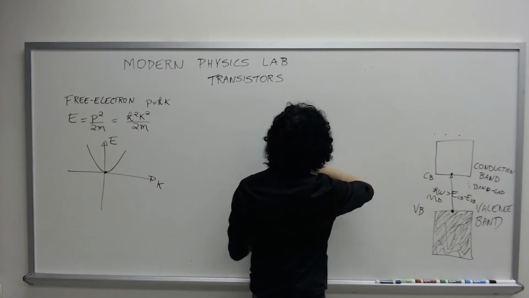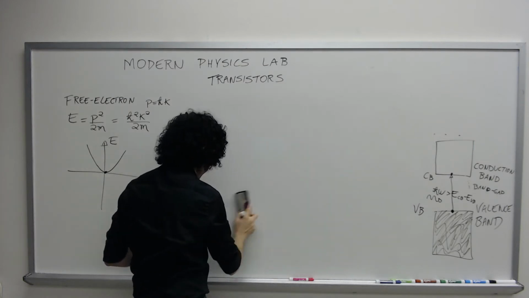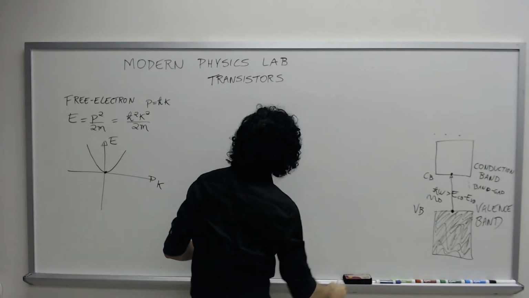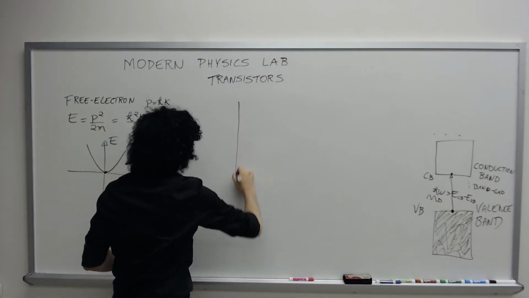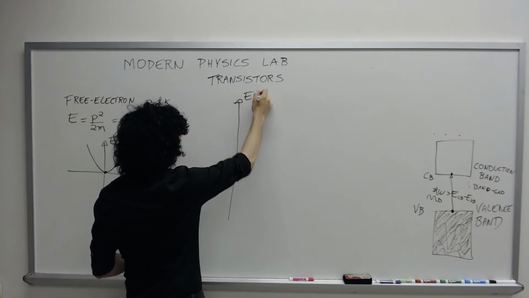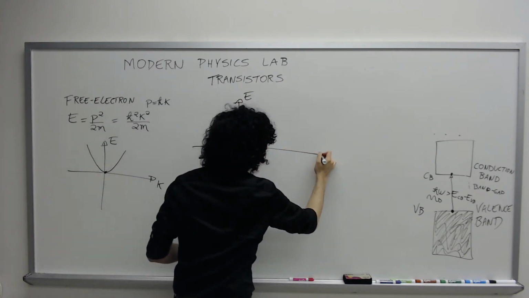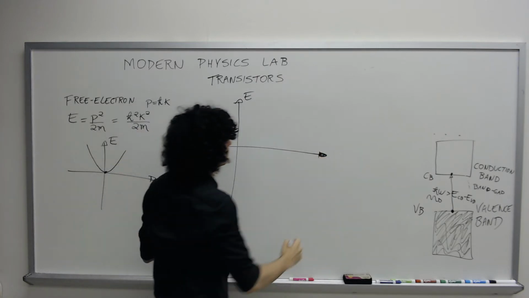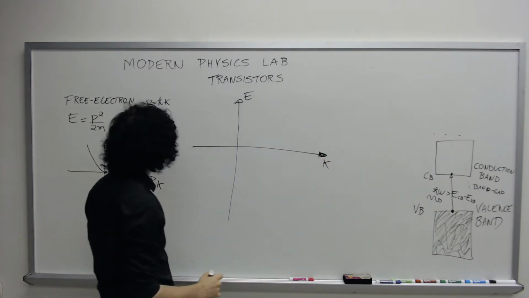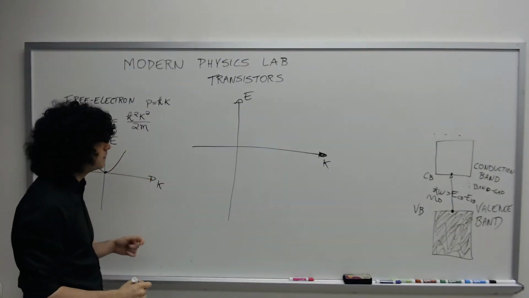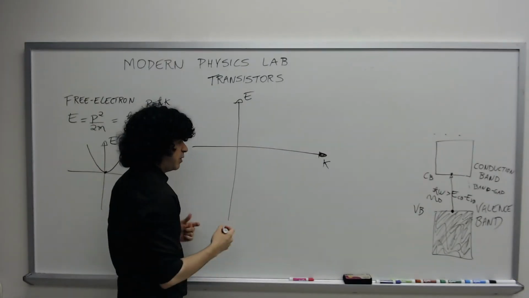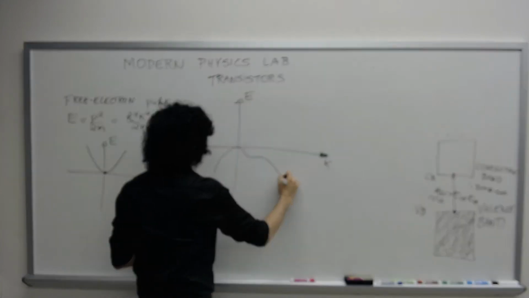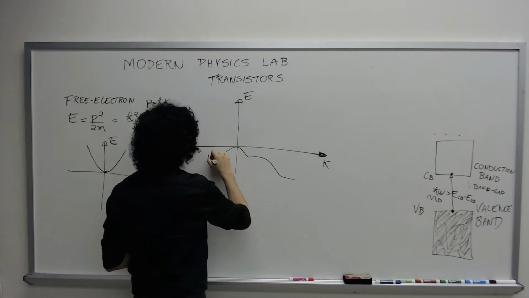If you took your solid state physics course or semiconductors course, you can show using many models that this relationship is no longer parabolic. Let's draw something for the valence band, VB.